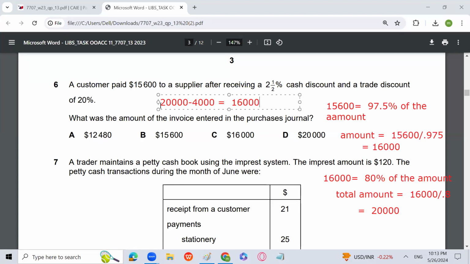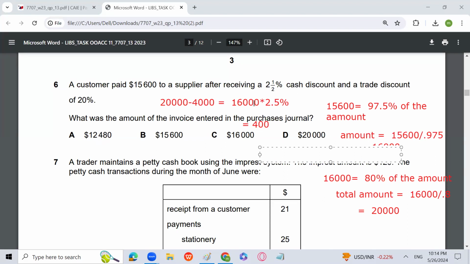But how much are we paying? When the payment has been made, we are also receiving a cash discount of 2.5%. So 16,000 into 2.5%, if you do that, you will get an amount of 400. And 16,000 minus 400, you will get 15,600. But we have been given 15,600, the amount paid to supplier, so we have to go in reverse.